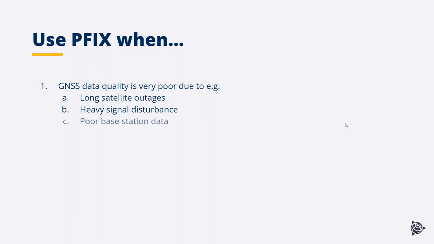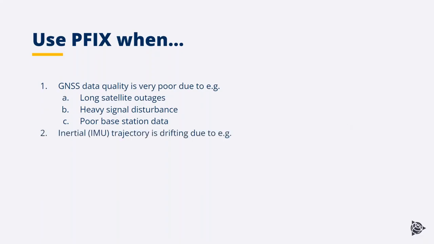And sometimes you might get poor base station data, maybe too far away, or a bad update rate, or gaps in the data. All these factors could lead to poor accuracy.